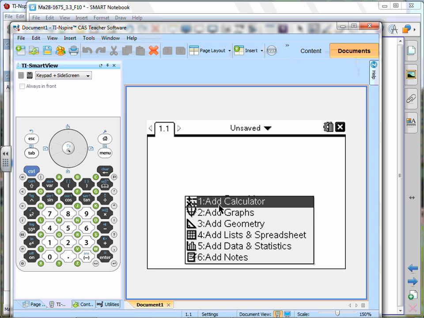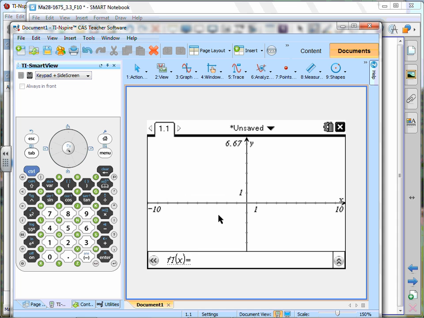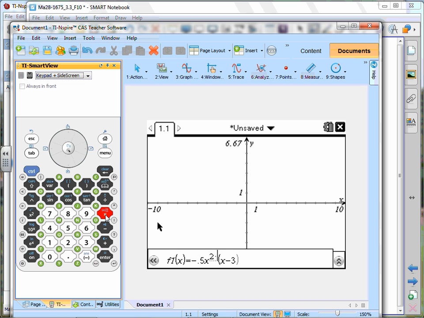Okay, I'm going to put in a graph, and it is negative 1/2 x squared times x minus 3. Now you might need to put a multiplication in here, so I'm going to just go ahead and do that anyway. We should see the graph that I'm showing you there.